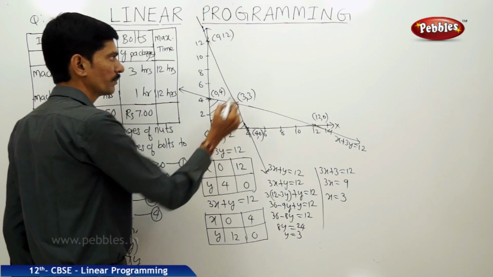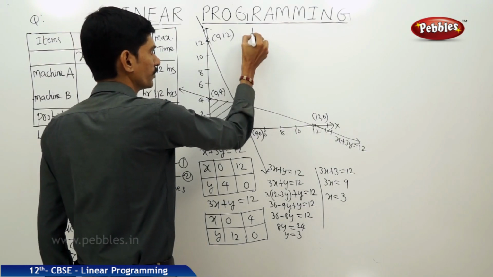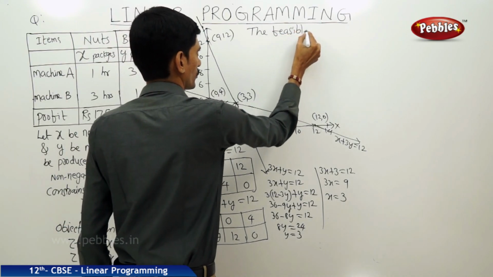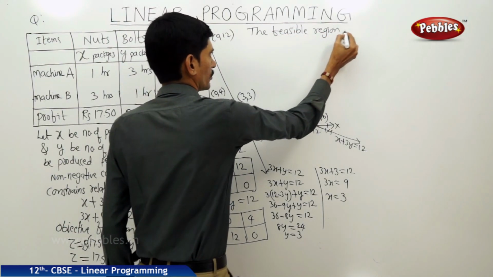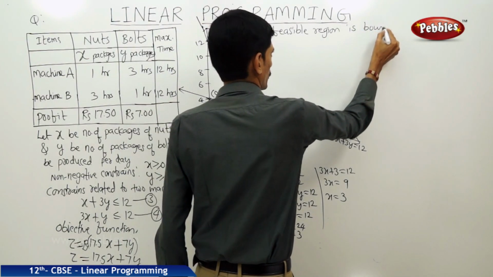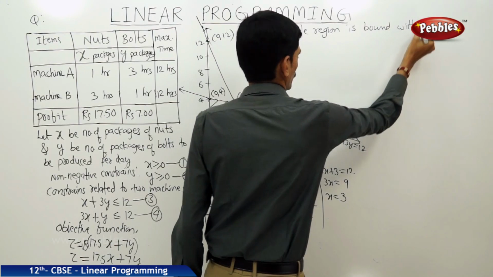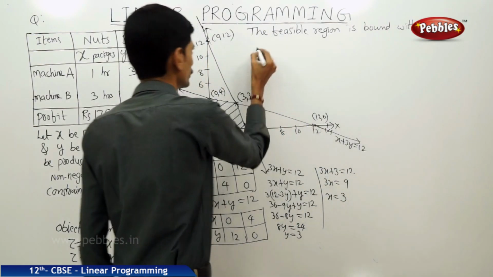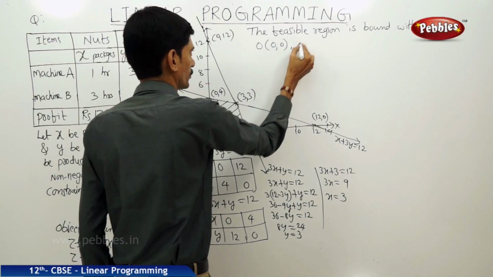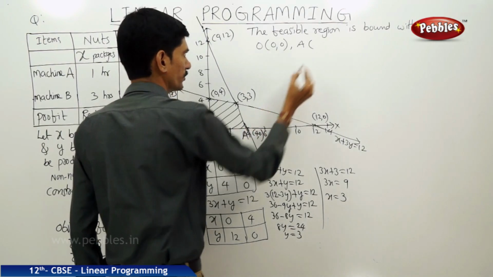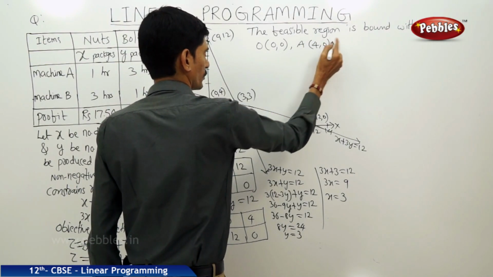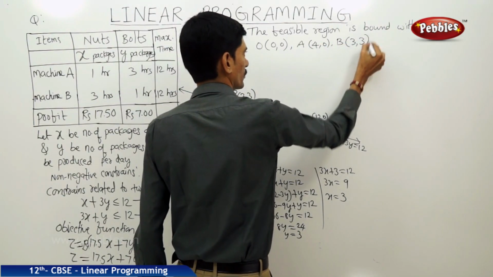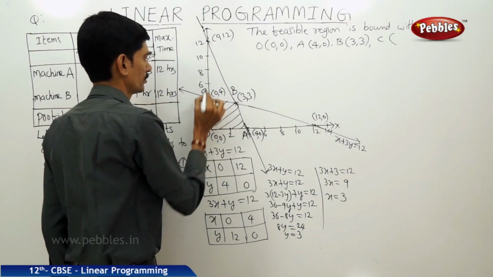Now the common region, the feasible region is bounded with vertices O 0, 0, A 4, 0, B 3, 3 and C 0, 4.